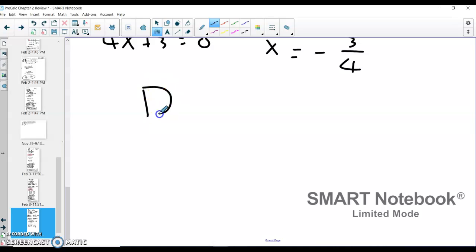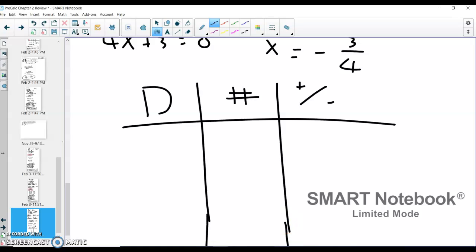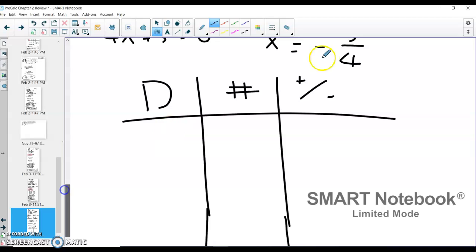Again, now we can set up our table with domain, test number, and positive or negative. And we can try to set up our domain again. We're going to go from negative infinity to our point at negative 3/4.